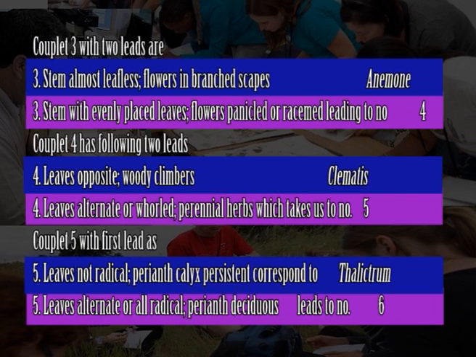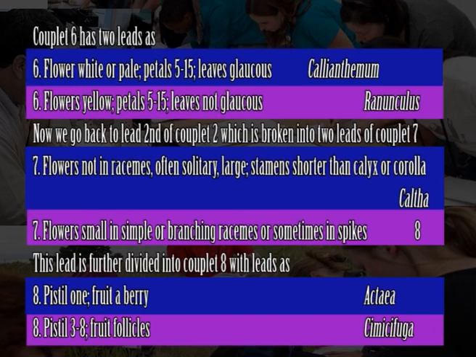Couplet 4 has the following two leads: leaves opposite, woody climbers, which signify Clematis, and leaves alternate or whorled, perennial herbs, which takes us to couplet number 5. Couplet 5's first lead is leaves not radical, perianth calyx persistent, which identifies Thalictrum. The second lead is leaves alternate or all radical, perianth deciduous, which leads us to couplet number 6.